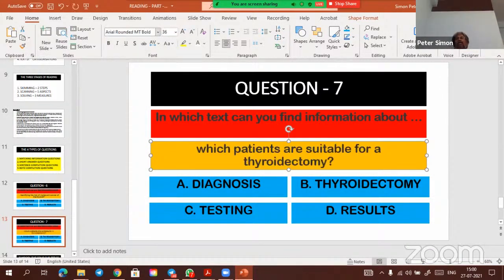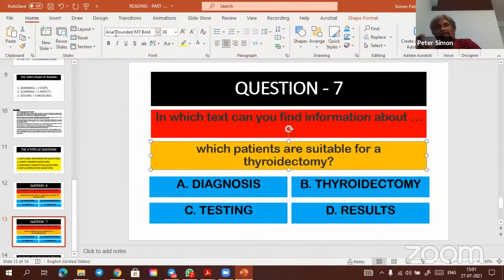Which patients are suitable for a thyroidectomy? Suitability for thyroidectomy. Will you find it in diagnosis, or in thyroidectomy, or in testing, or in results?